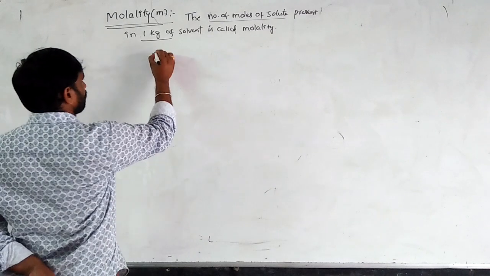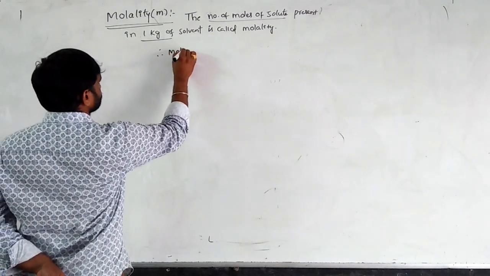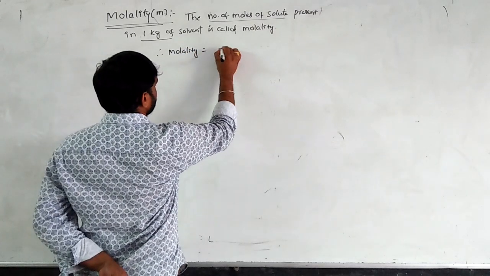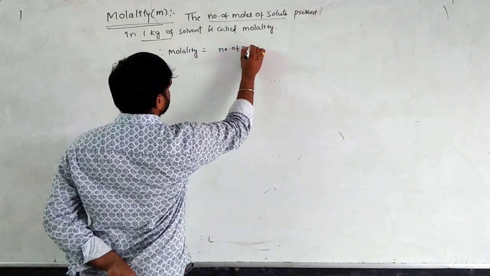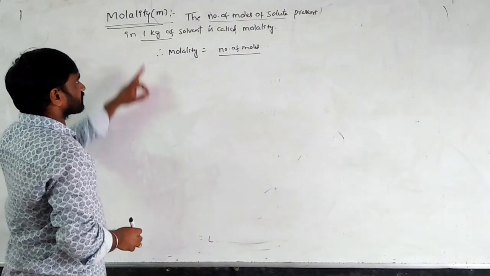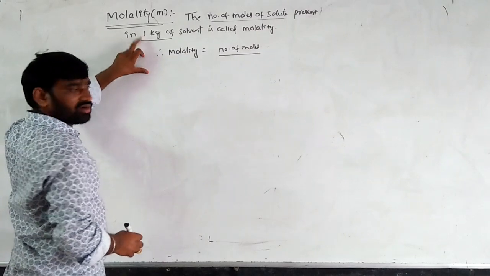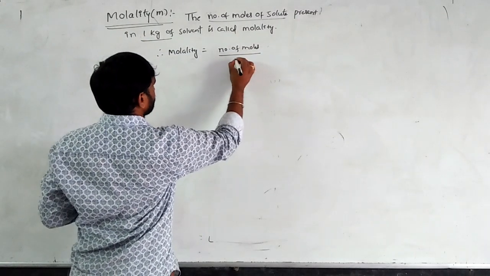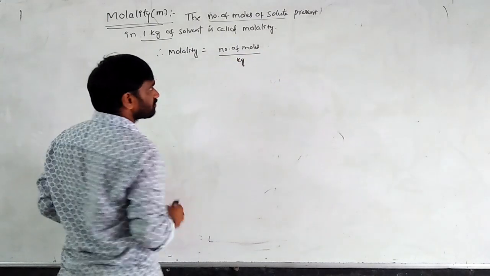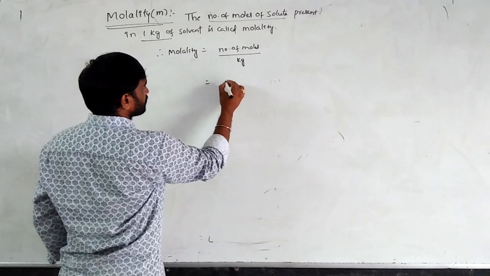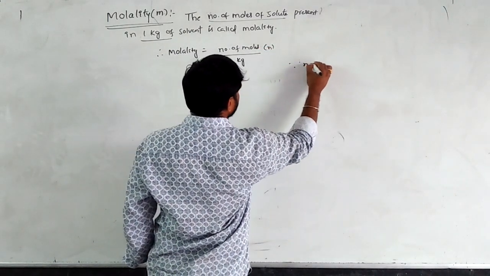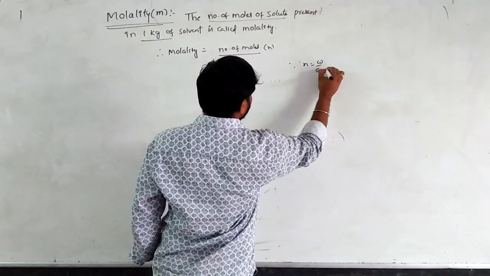So molality equals the number of moles present in 1 kilogram of solvent, that is, number of moles per kg. Number of moles n equals weight by gram molecular weight.